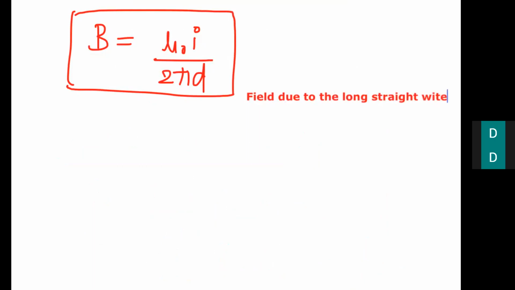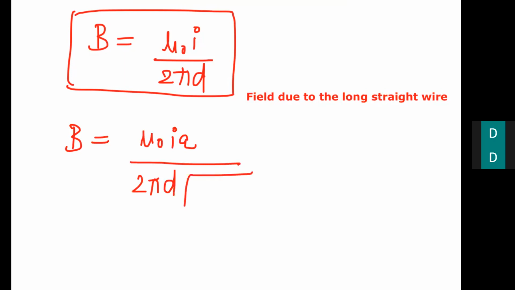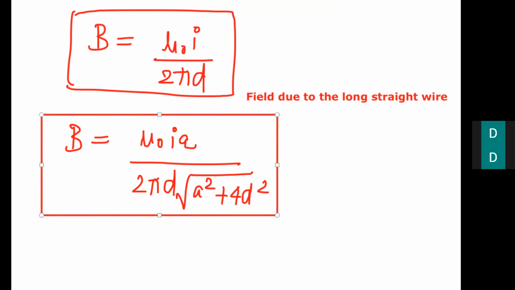I'll just conclude on this whiteboard. The field on a perpendicular bisector, B, we wrote as mu 0 IA upon 2 pi D under root A square plus 4D square. This is what we wrote. I'll make it more organized.